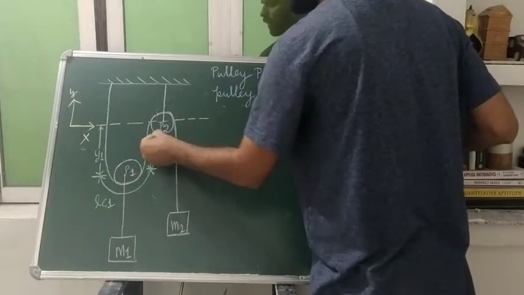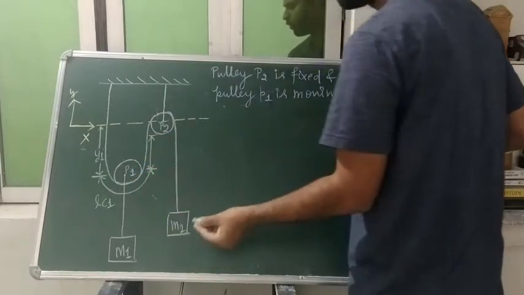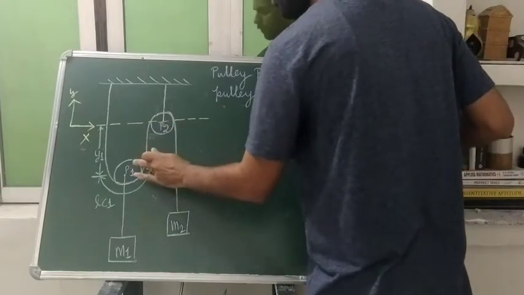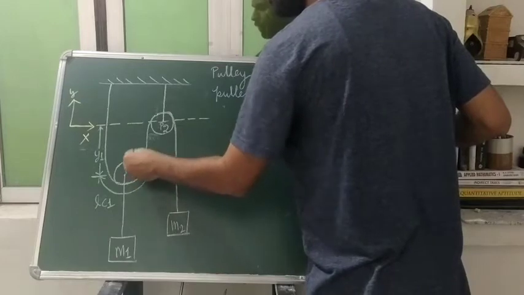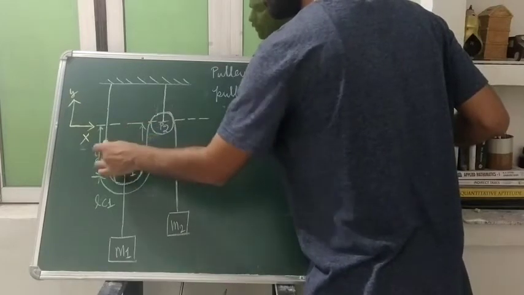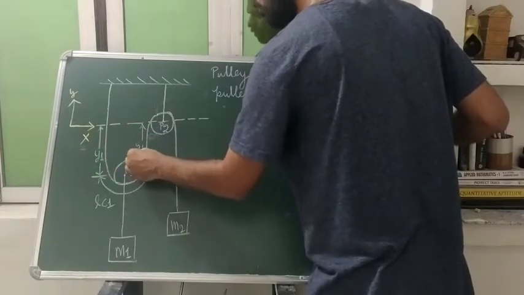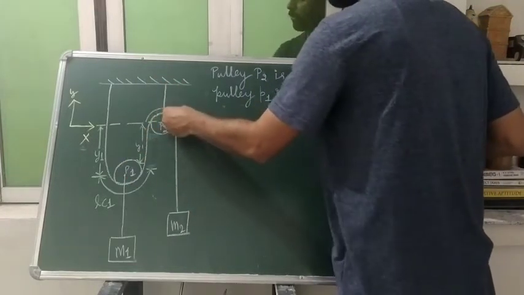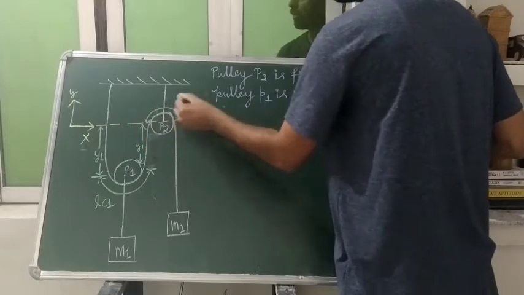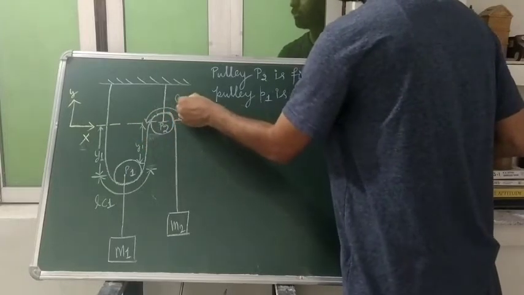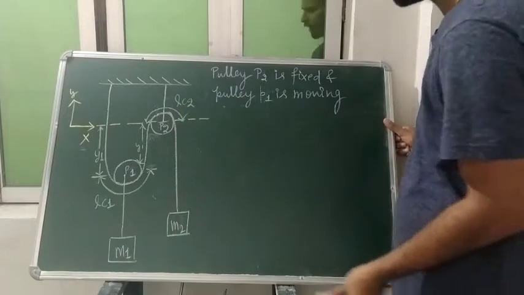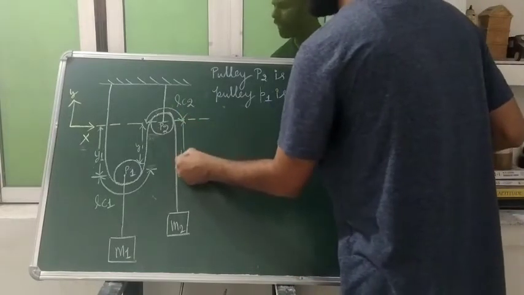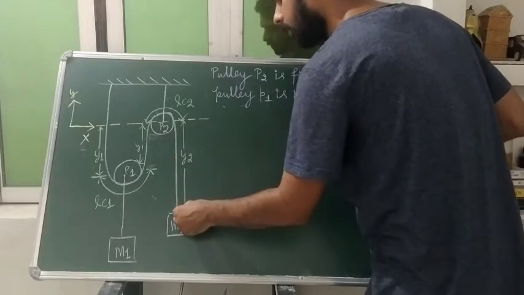No, this will be the same length present here, is it? From here to here we are getting the same length. It is y1, so it will also be y1. And the length of the string over this pulley I am saying is our LC2, that will be constant. And here the length of the string present from the datum is y2.